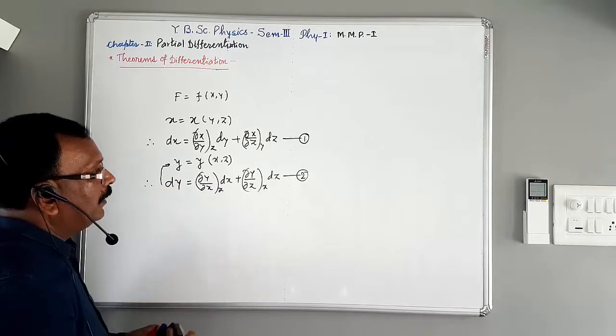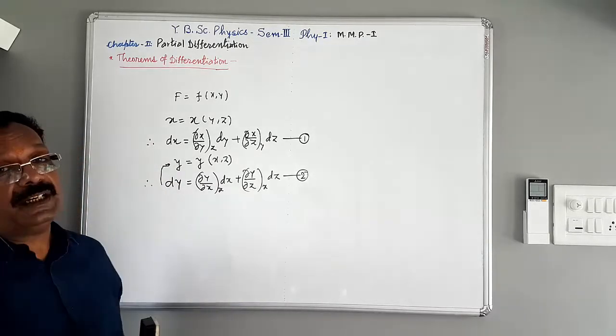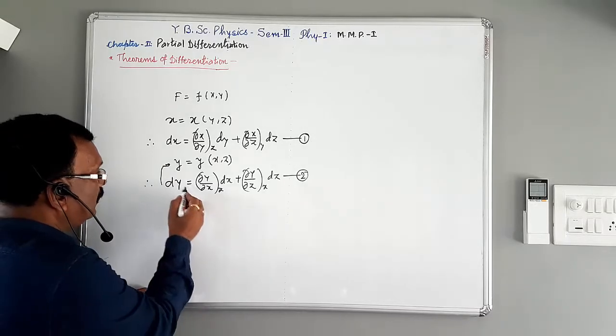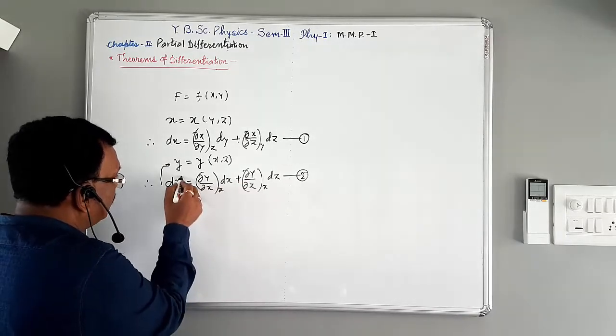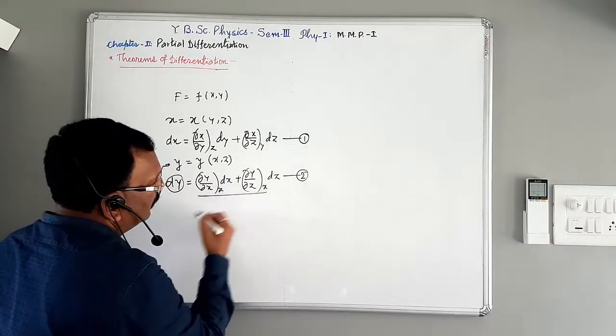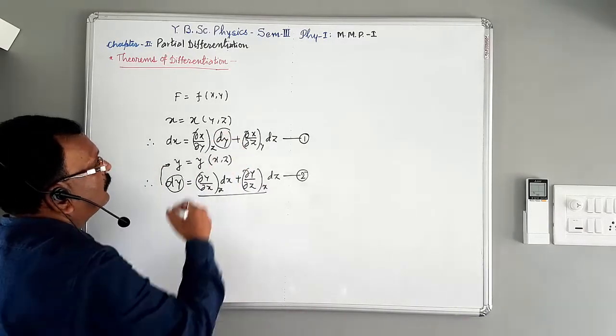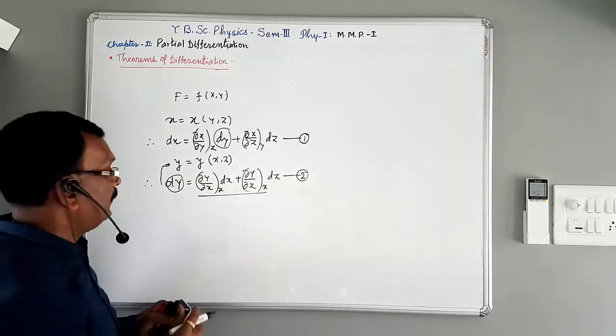Now in order to obtain the two theorems, we are going to substitute the value of dy from equation 2 in equation 1 in place of dy.